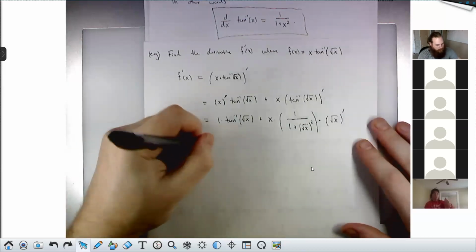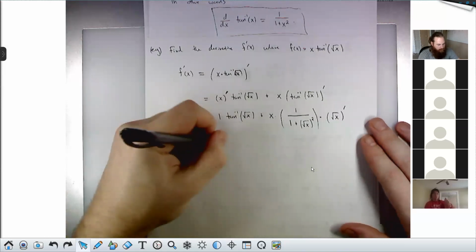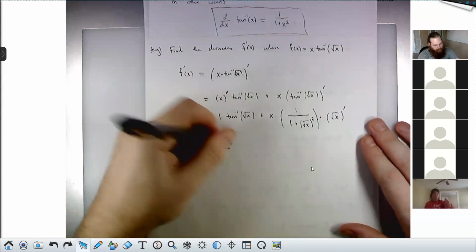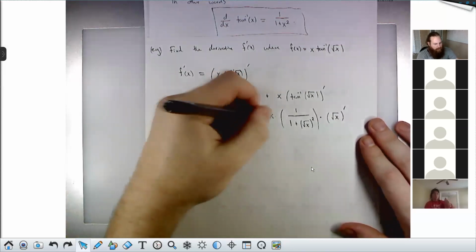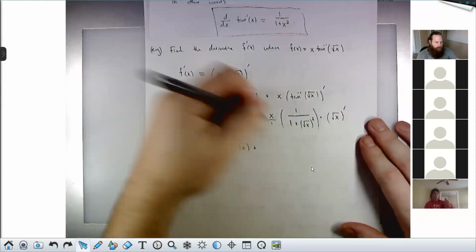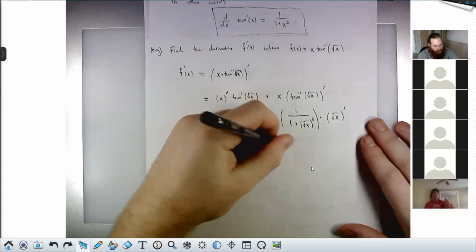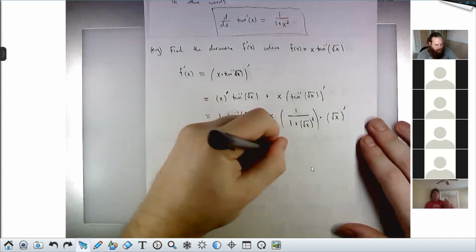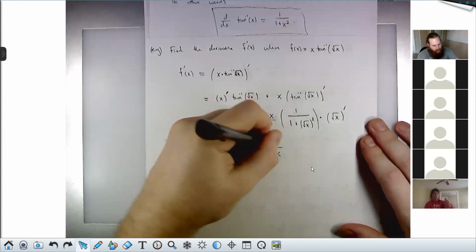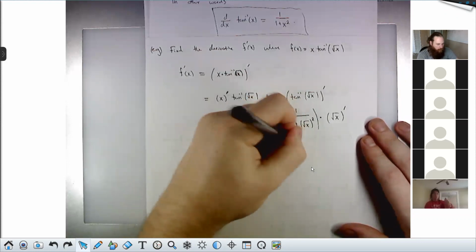So then I will continue here. This piece, 1 times inverse tangent root x, is just inverse tangent root x, plus x times this fraction. Remember, x is the same as x over 1, so I can multiply those straight across. That's x over 1 plus the square root of x all squared, which is just x. And then I still have here the derivative of root x.